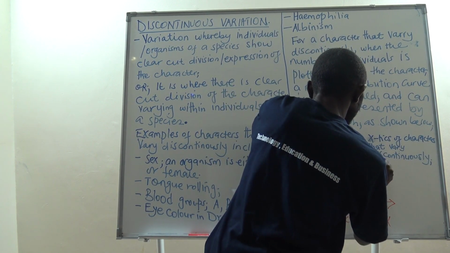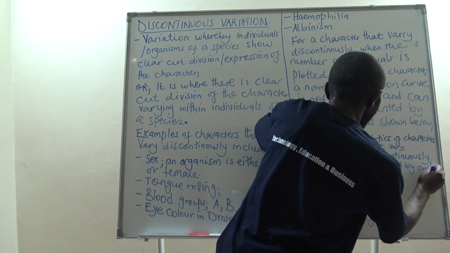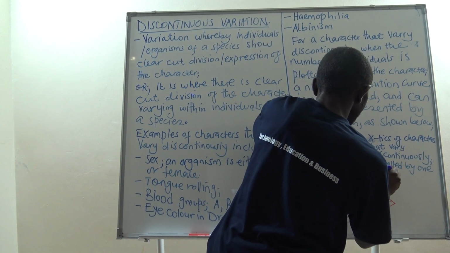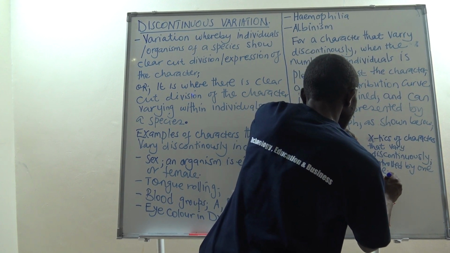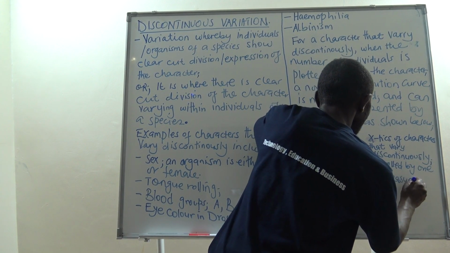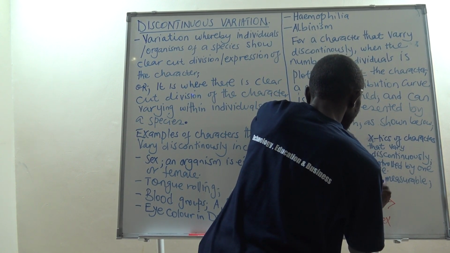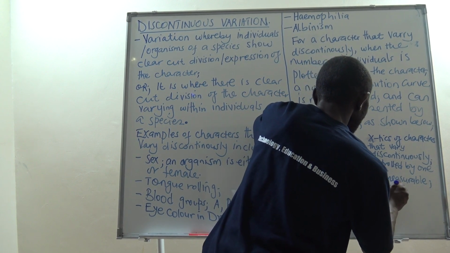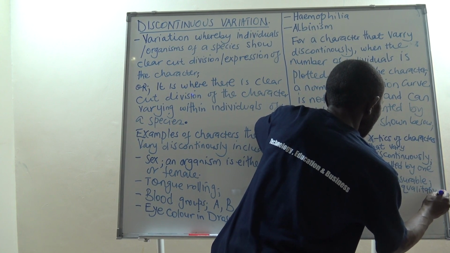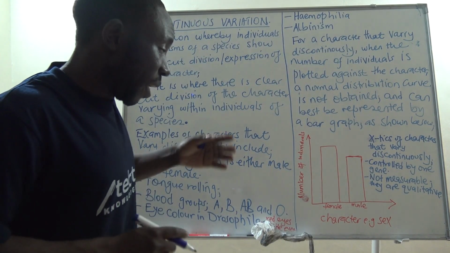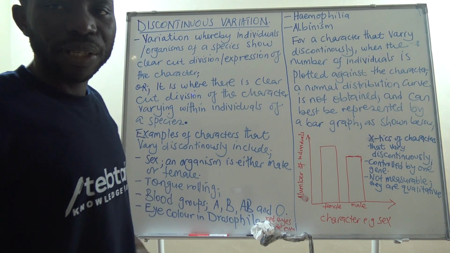One, controlled by one gene. Two, not measurable. Thus, they are qualitative. If they are not measurable, then it means that they are qualitative.